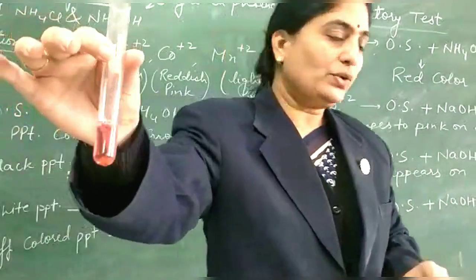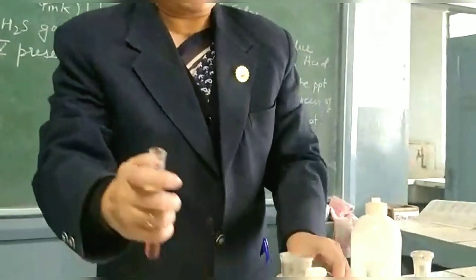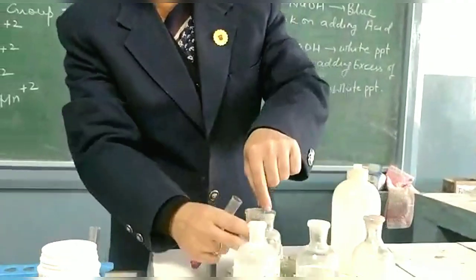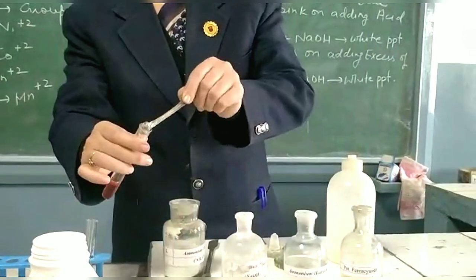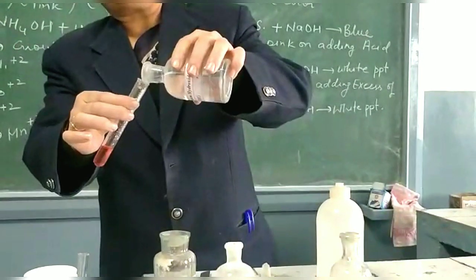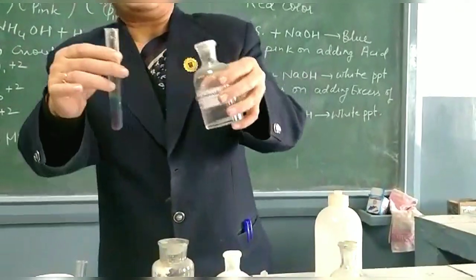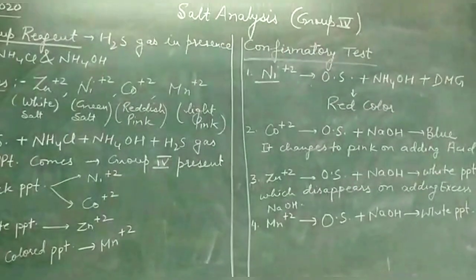Then I add NH4Cl and NH4OH to this. This is ammonium chloride salt. Taking a spatula of ammonium chloride and adding ammonium hydroxide to make the medium basic, alkaline. And then I pass H2S gas to it.